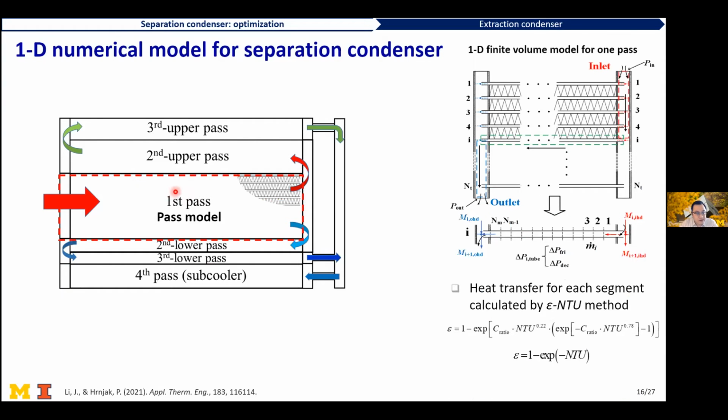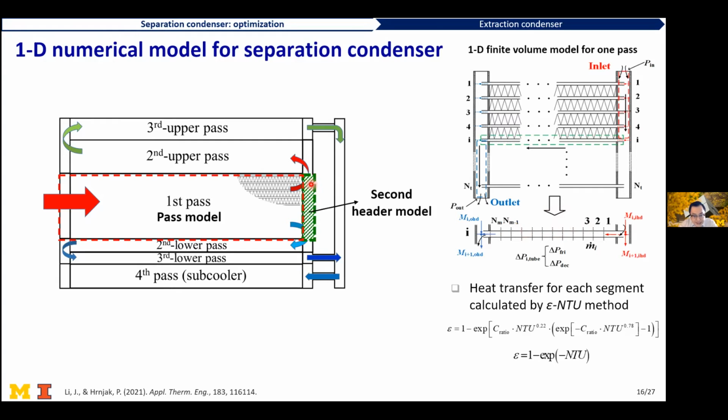So when we look at the separation condenser, for each pass of the condenser at ACRC at the University of Illinois, we have developed a mature 1D finite volume model, which basically discretizes each macrochannel tube into consecutive segments and calculates the heat transfer and the pressure drop in each segment.